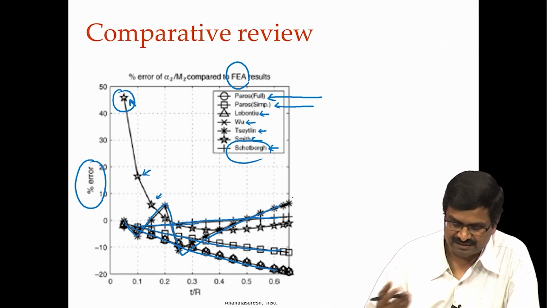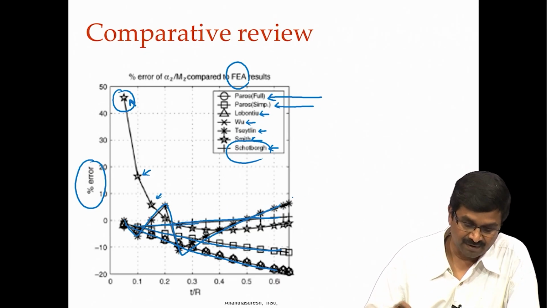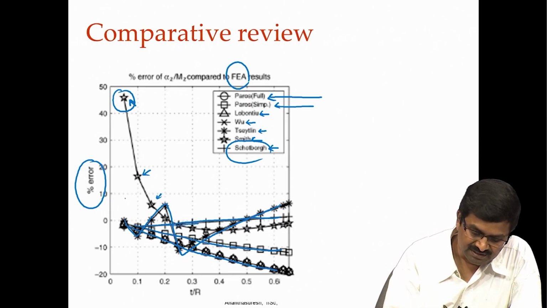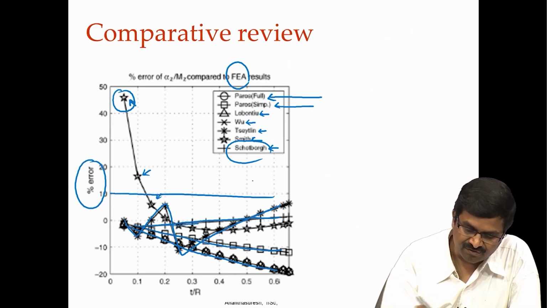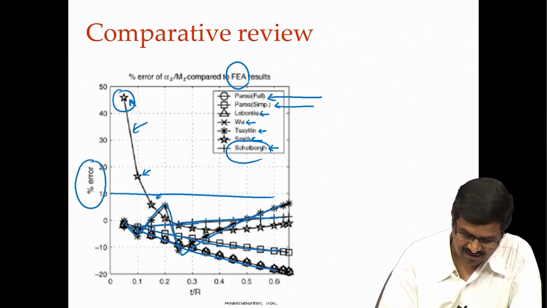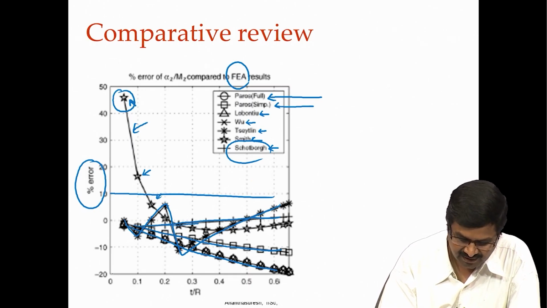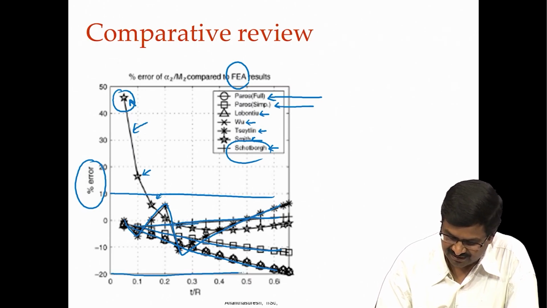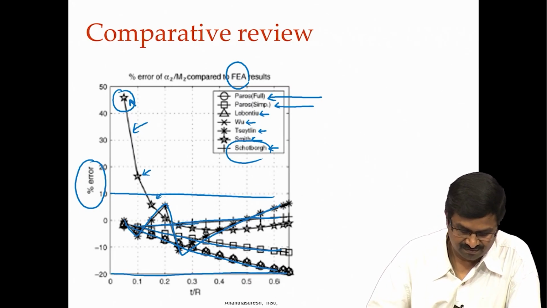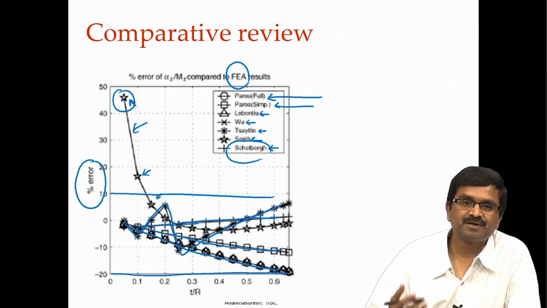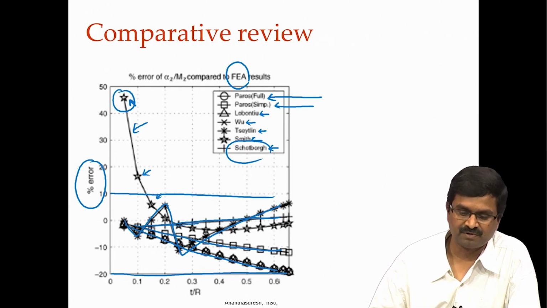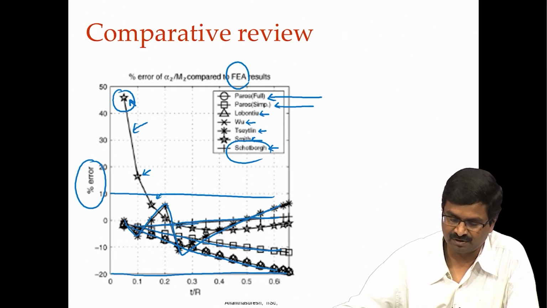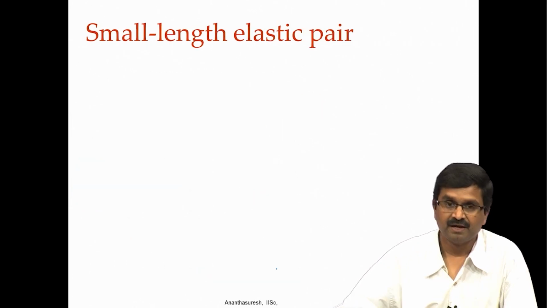So, people have made various approximations, but apart from the first one which has large error, most of them are within 10% on one side, and some of these have 20% on the other. So, plus or minus 20% error is what they give, because they give you a simple torsion spring constant.